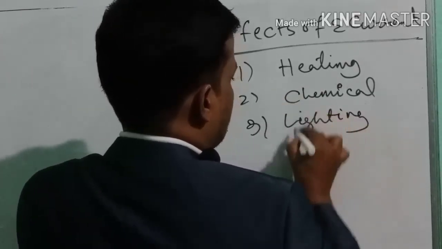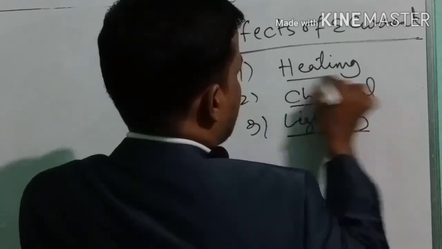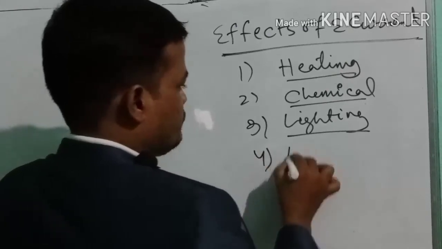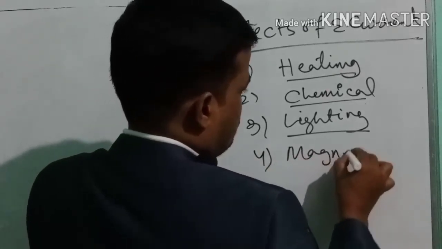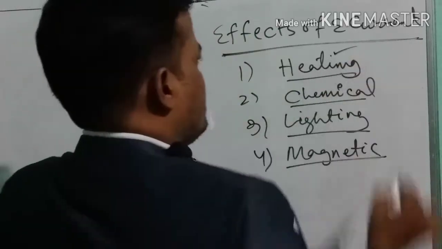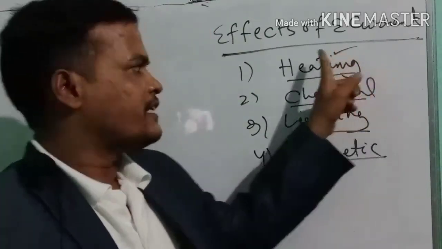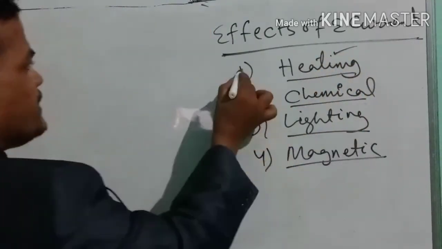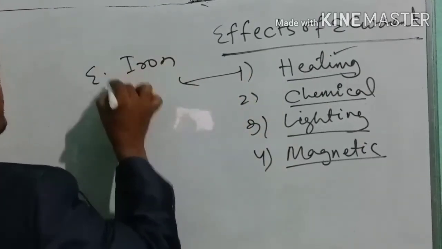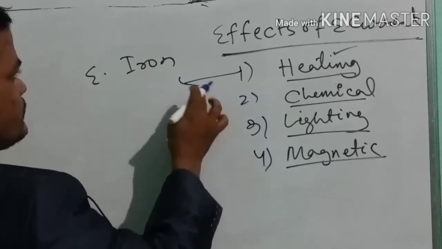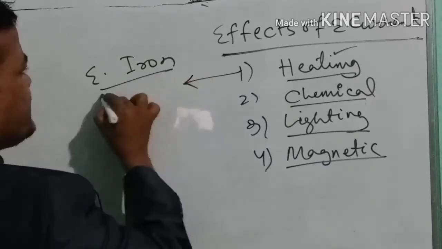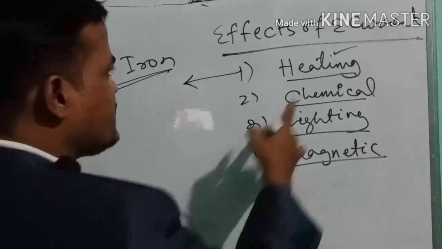And the magnetic effect. Heating effect of electric current: the electric iron is working on the basis of this heating effect.